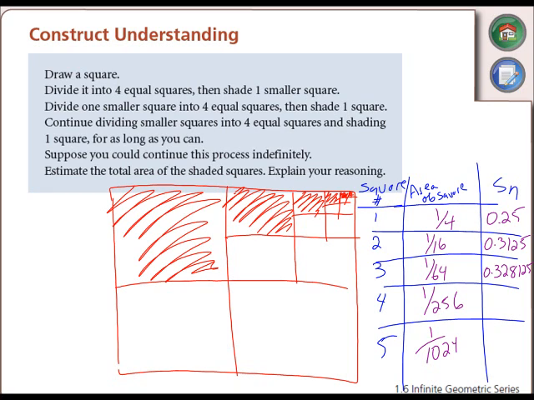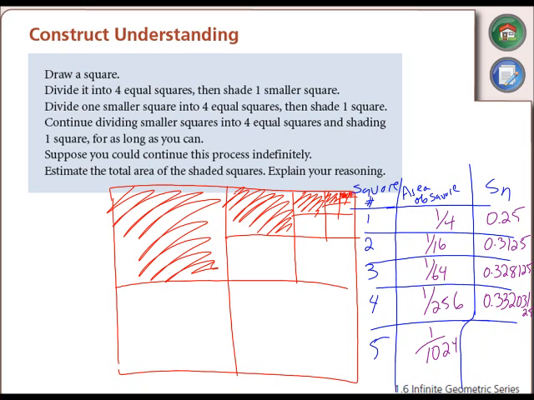Add the next one. 0.332031. Ooh, run out of room. And the last one there, adding that on there, give myself a little bit more room.